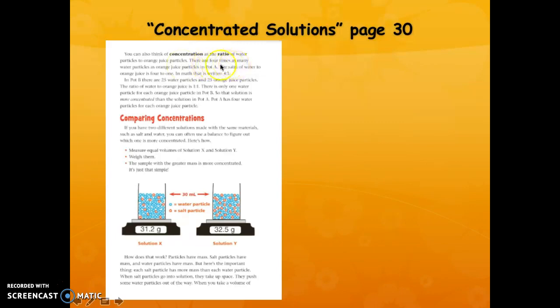There are 4 times as many water particles as orange juice particles in pot A. So the ratio of water to orange juice would be 4 to 1. 4 water particles to every 1 orange juice. So in math it would look like this: 4:1.